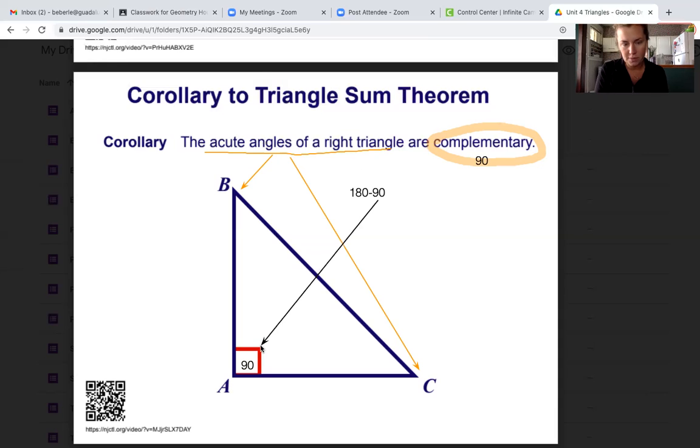So what we have left over is 90. That means that these two angles, this and this, are going to have to be 90.